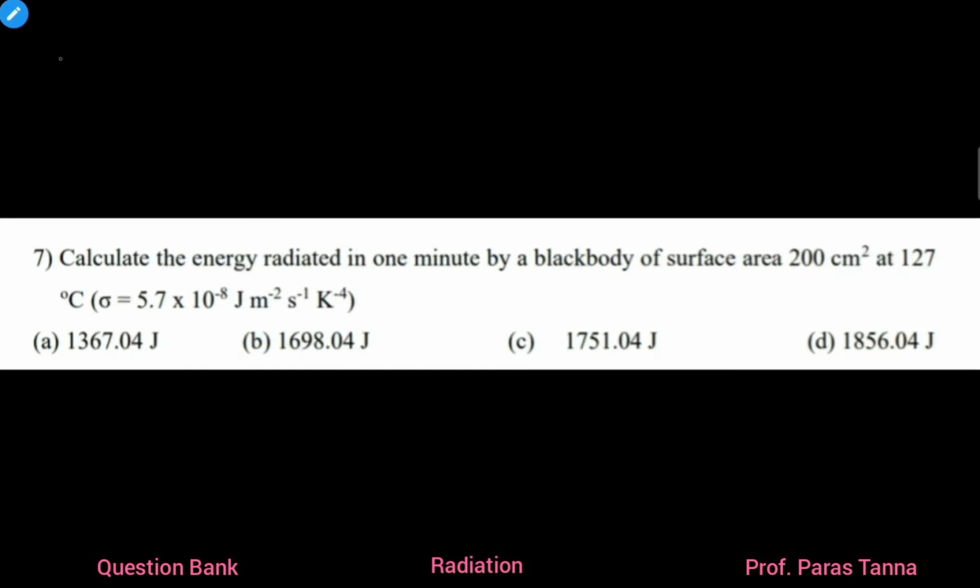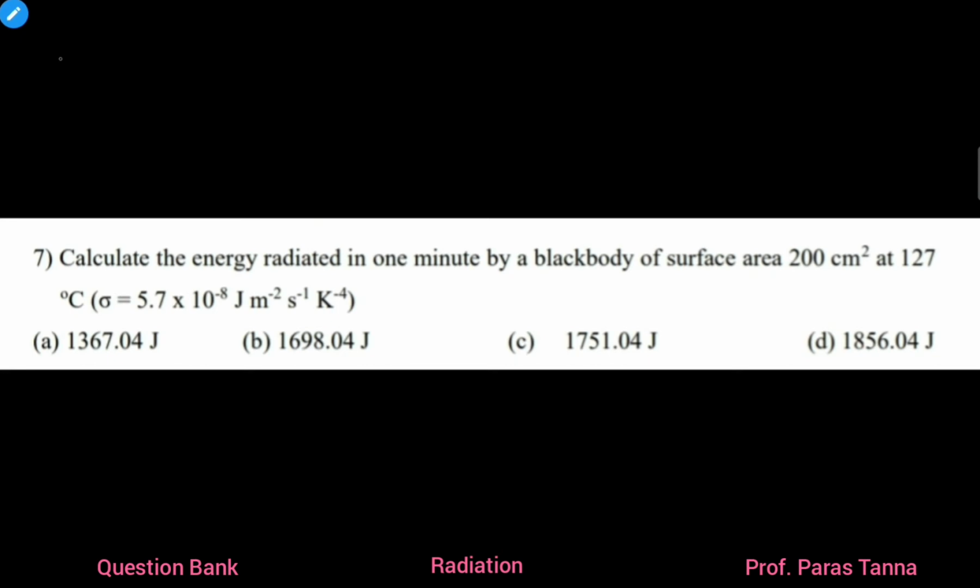Chapter Radiation MCQ number 7. Calculate the energy radiated in 1 minute by a black body of surface area 200 centimeters square at 127 degrees Celsius. Value of sigma is provided 5.7 into 10 raised to minus 8 joule per meter square per second per Kelvin raised to 4.